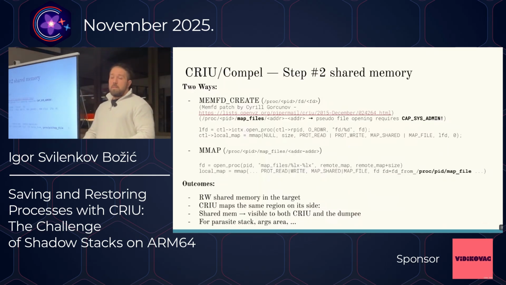Then CRIU has allocated some space, and the next step is to share this local shared copy so that CRIU can write to the parasite's memory space. And one of the first steps here, I mentioned memory map previously, but in reality the preferred way is to use memfd_create, which gives you a file handle that doesn't require you to have CAP_SYS_ADMIN capabilities.